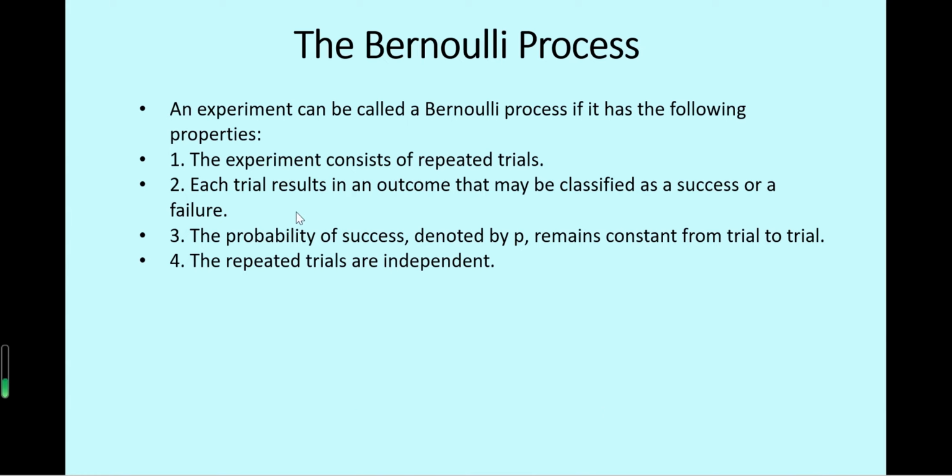And each trial will result in an outcome that may be classified as a success or a failure. So in the Bernoulli process, the result is binary, only yes or no. And the probability of success in each trial, denoted by P, remains constant.